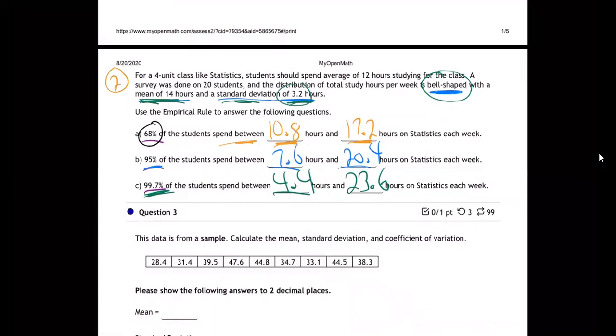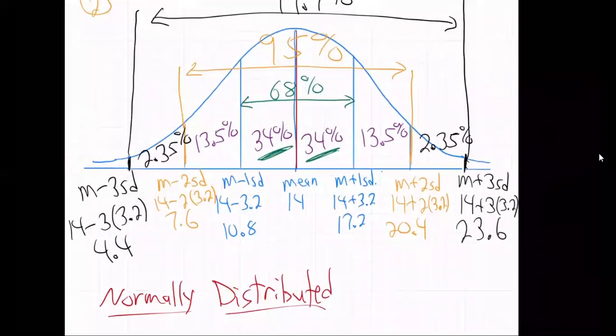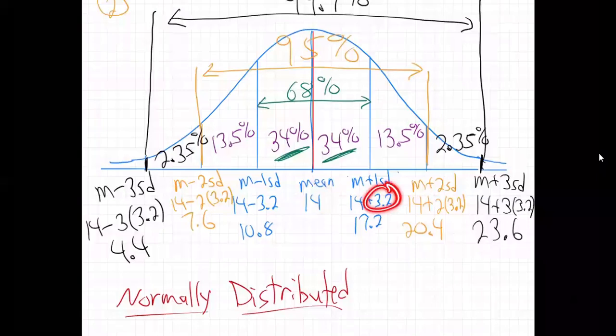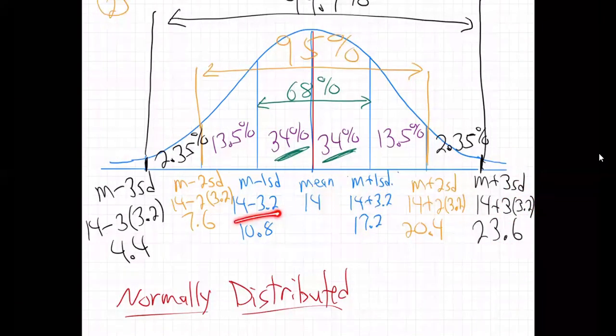So the middle is 14 on the bottom, and the lines jump by 3.2. I put 14 in the middle, and added 3.2, another 3.2, and another. And on the left, I subtracted 3.2 once, again, and again.